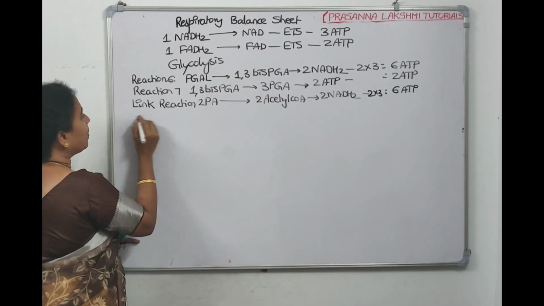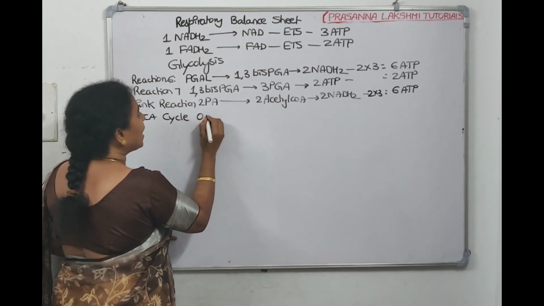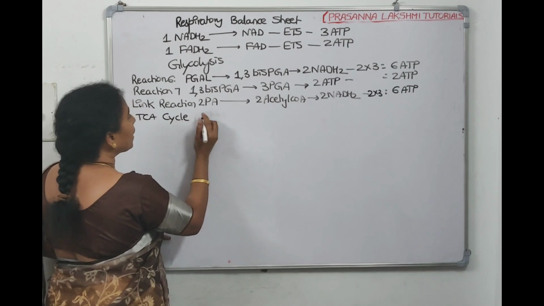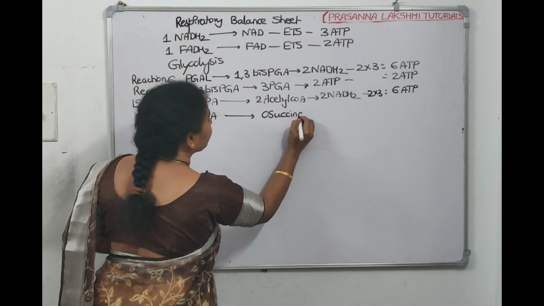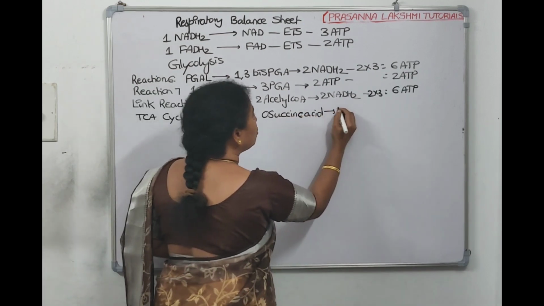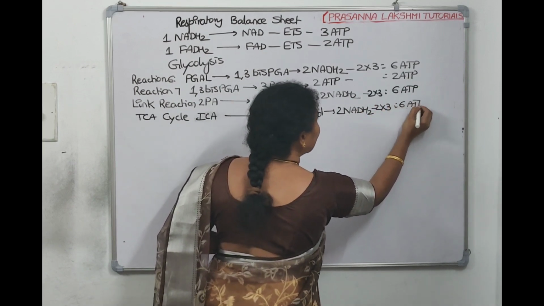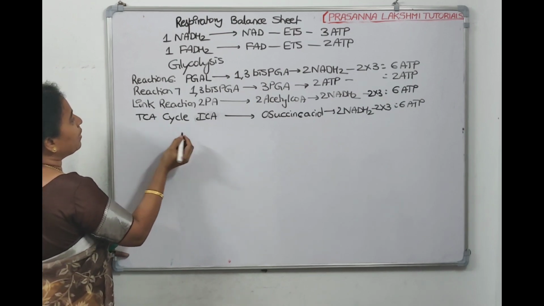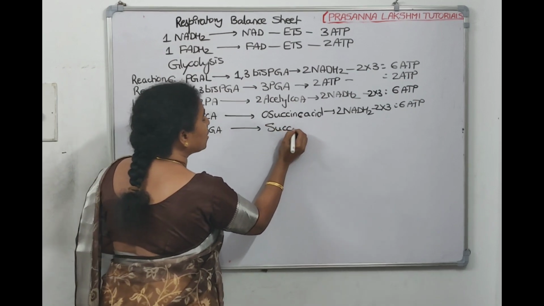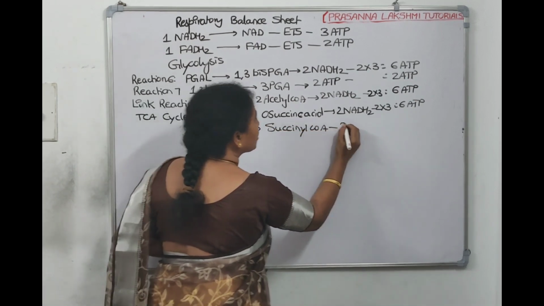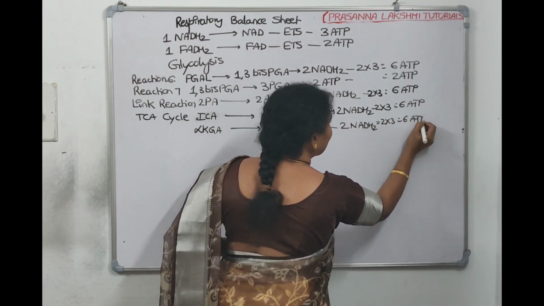Then next, in the TCA cycle, when isocitric acid gets converted to oxalosuccinic acid, 2 molecules of NADH2 are made. So 2 into 3, 6 ATPs. The immediate reaction, when KGA gets converted to succinyl-CoA, again 2 NADH2s are made. So 2 into 3, 6 ATPs.